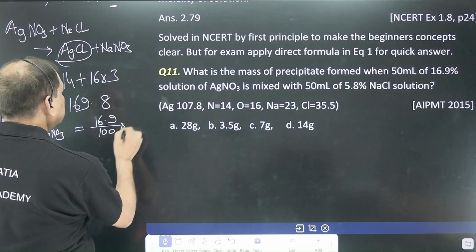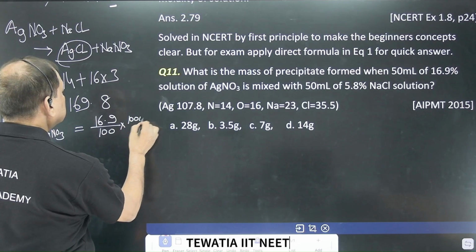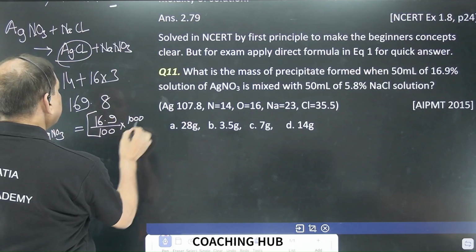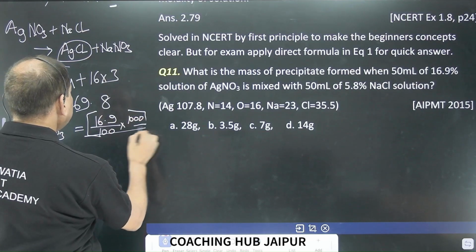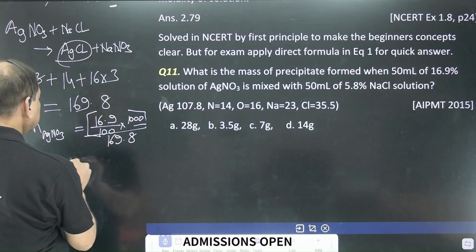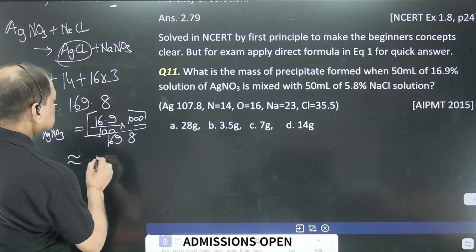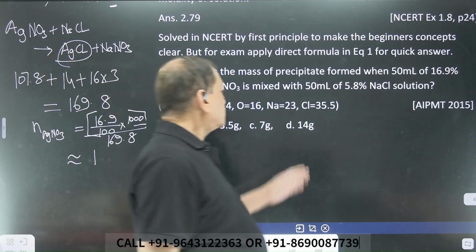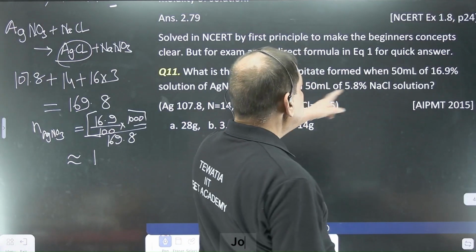What will be in 1000? That will be so much gram. Divide by 169.8. So roughly, 1 molarity is 1. Now calculate this.